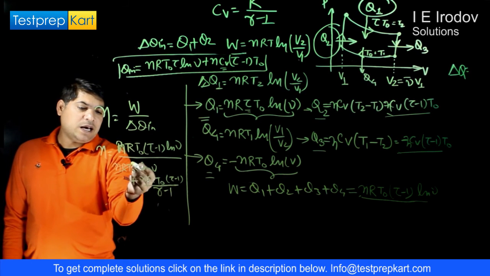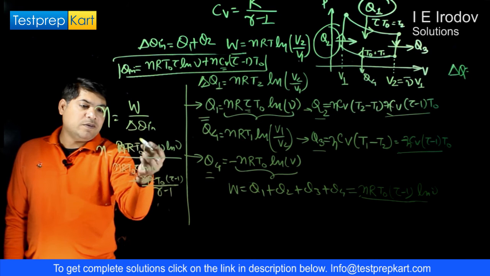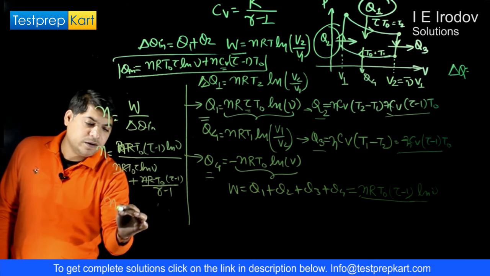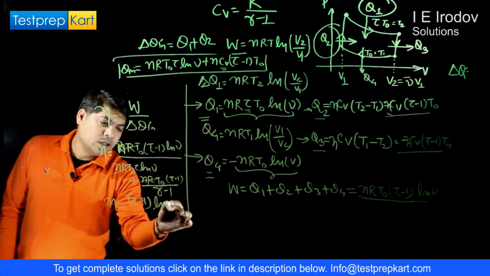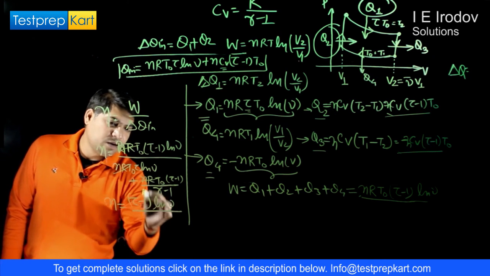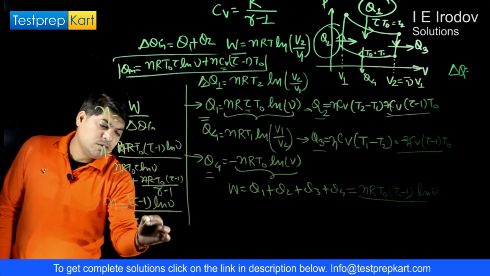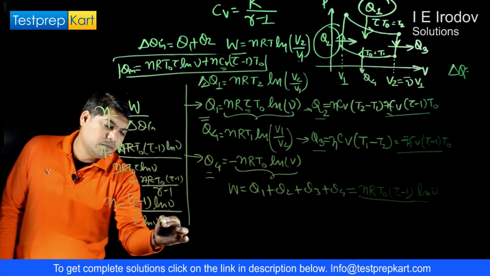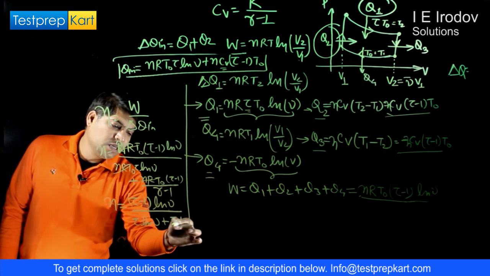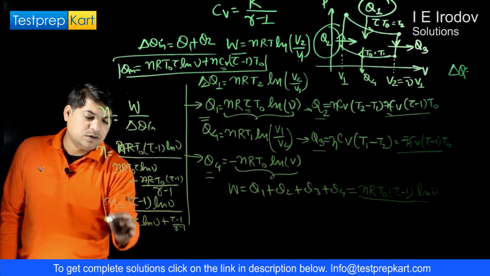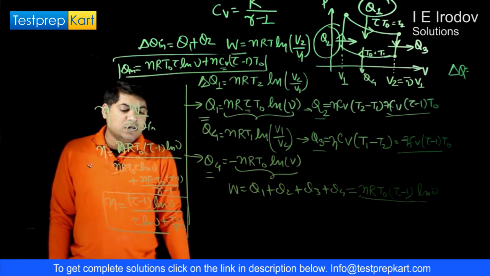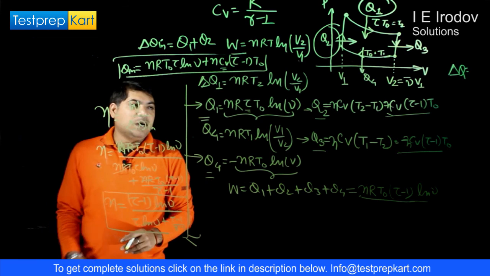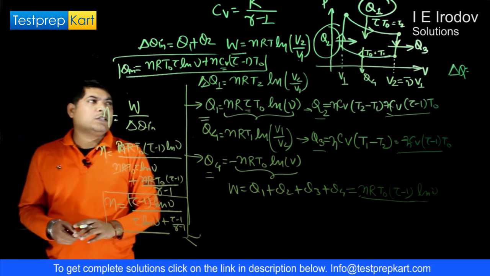The common term nRT naught cancels, so efficiency is tau minus 1 ln V divided by tau ln V plus tau minus 1 upon gamma minus 1. If required we can simplify this further, but this is the expression for the efficiency of the system.